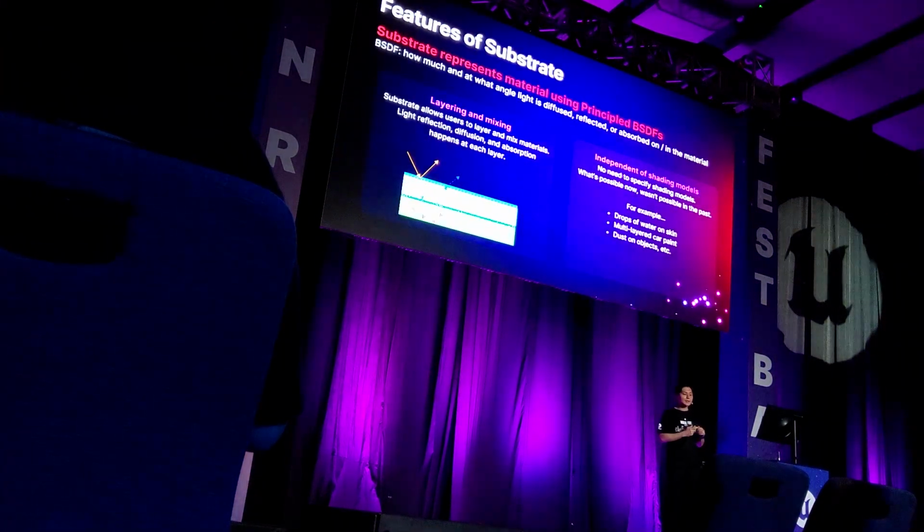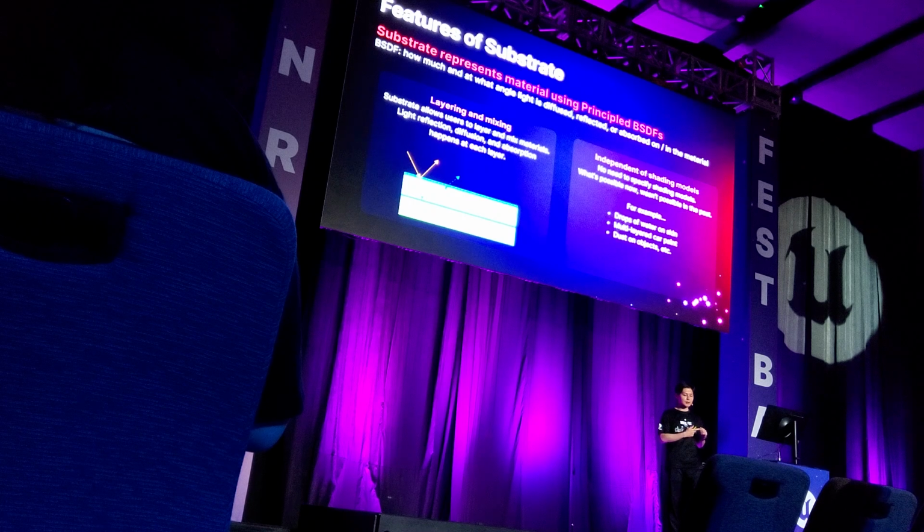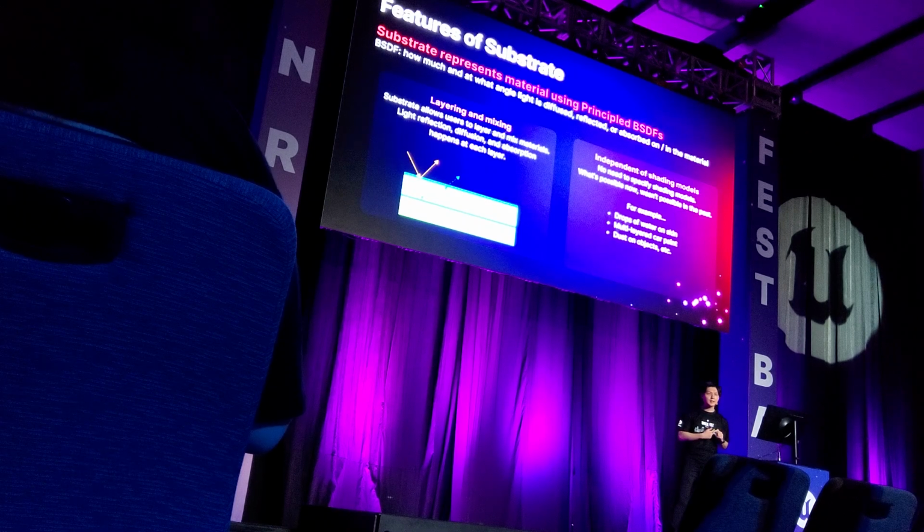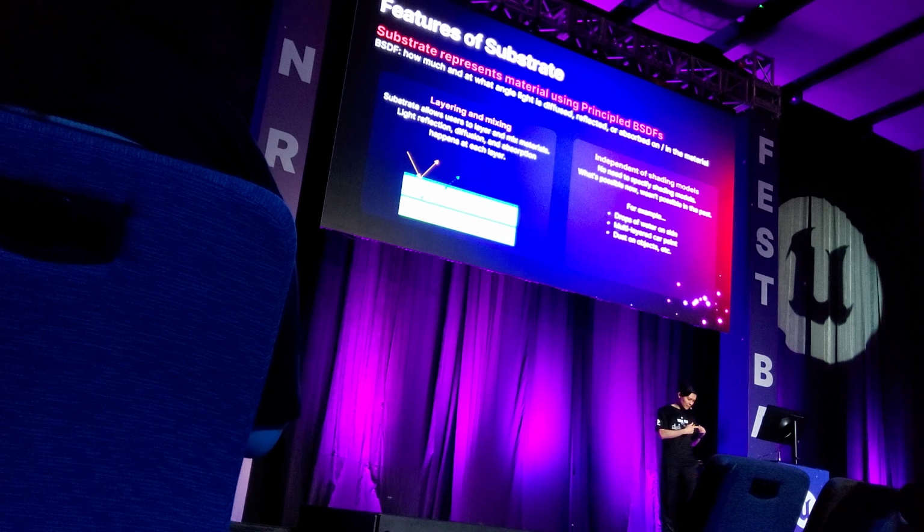So what are the new features of Substrate? One of the biggest points is that Substrate is based on principled BSDF. BSDF stands for bidirectional scattering distribution function. It's a way to simulate how light scatters, reflects, or gets absorbed inside a material or matter. Okay?